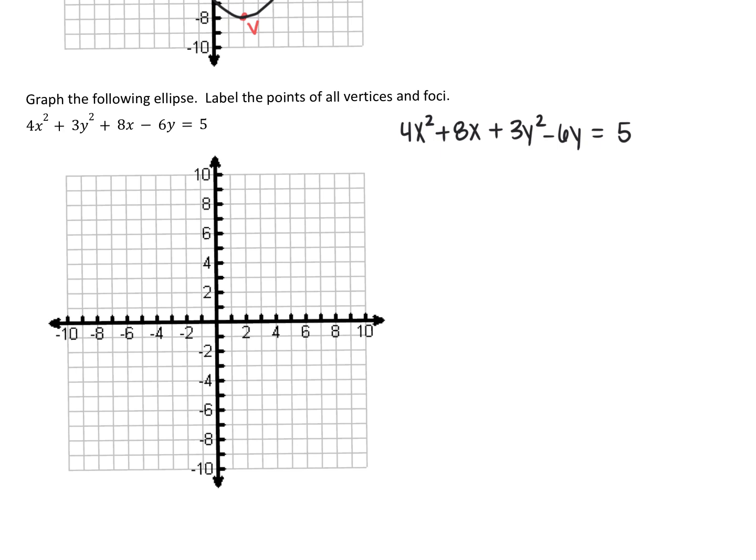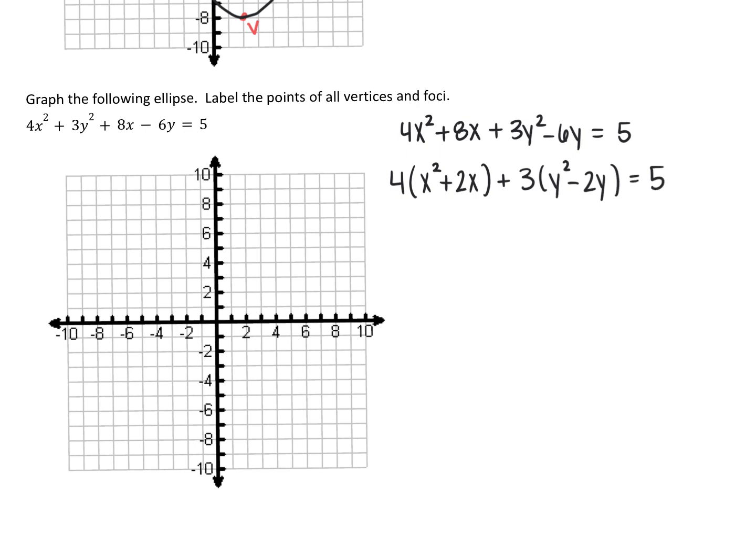So what I'm actually going to do is factor out whatever the coefficient of the squared term is for x and y and put parentheses around it. So for 4x squared plus 8x, I'm going to put a 4 in front of the parentheses, then I'll have x squared plus 2x. And then for the y's, I'll factor out a 3, so we get y squared minus 2y.